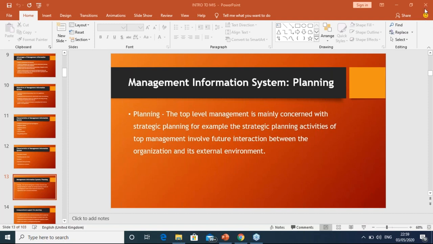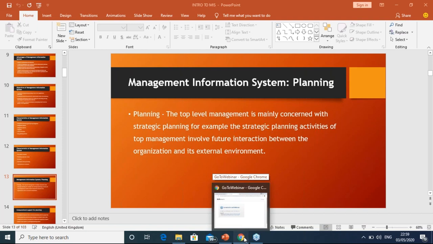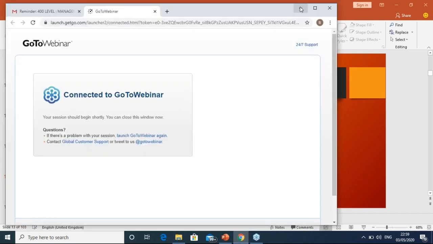Last week we were able to look at the advantages of Management Information System, and we also looked at the characteristics of Management Information System. So we're going to be building this class from where we stopped.